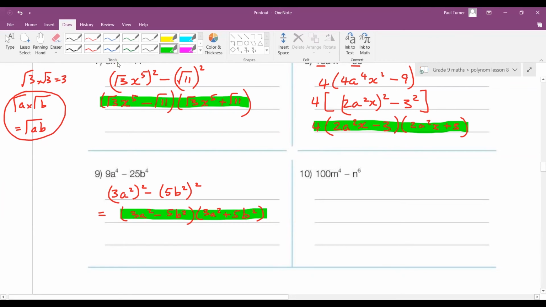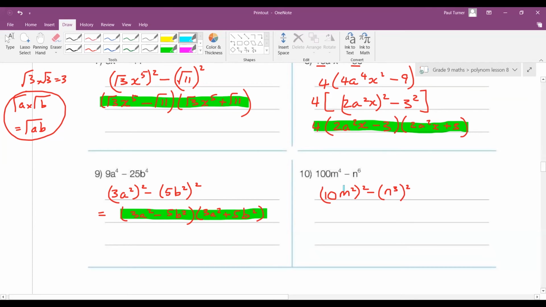And the last one, nearly finished. 100m^4 n^6. So 100 is 10 squared. (m squared) all squared, minus (n cubed) squared, 2 3s are 6.